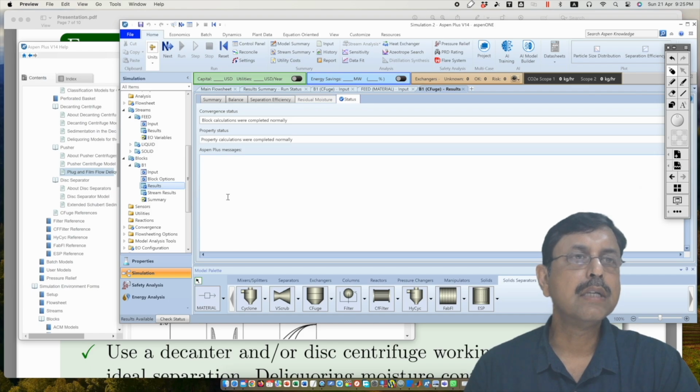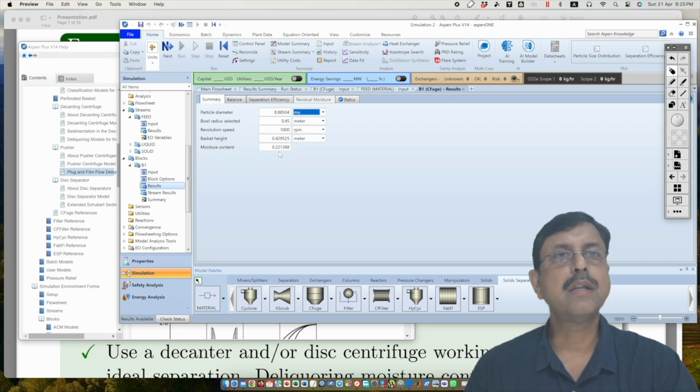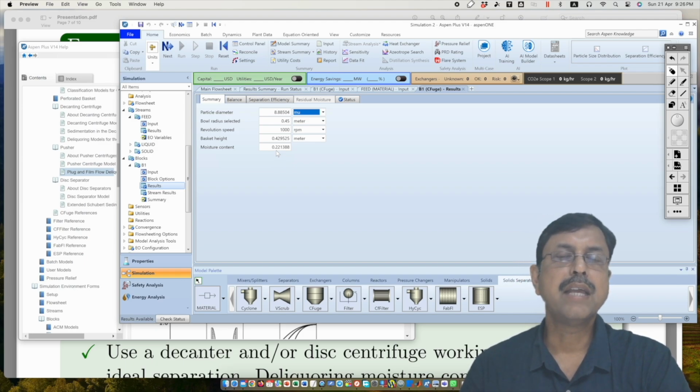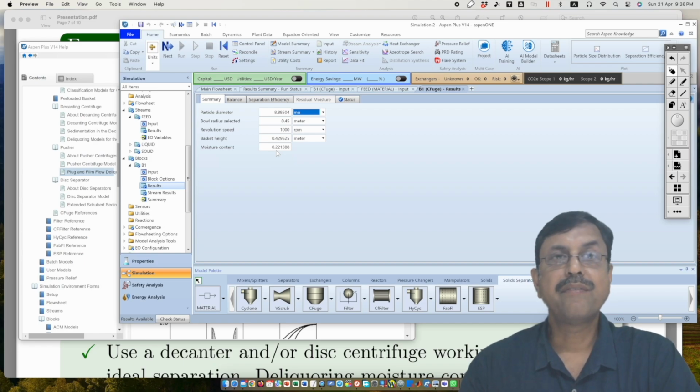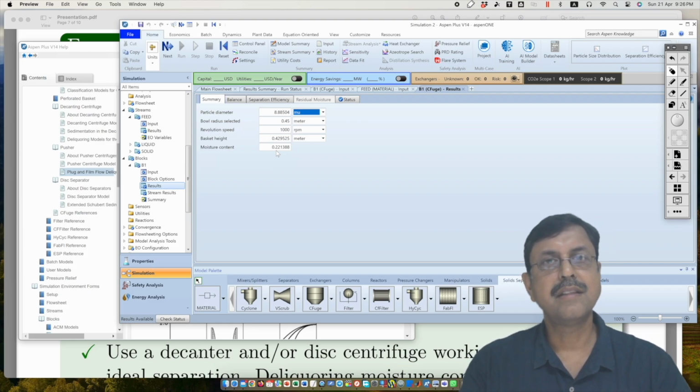So go to the results section, summary. The particle diameter is 8.885. The basket height has been selected. Moisture content, we have got 22%. Okay, very high moisture content because we have reduced the solid content from 1500 to 150 kg per hour, while the liquid flow rate is still 3500.